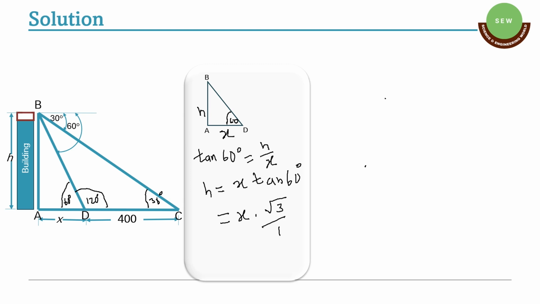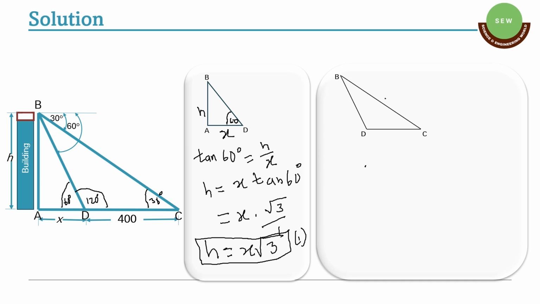So we can now say that h is equal to x square root of 3. So let's call this expression 1. That is, h equals x square root of 3.